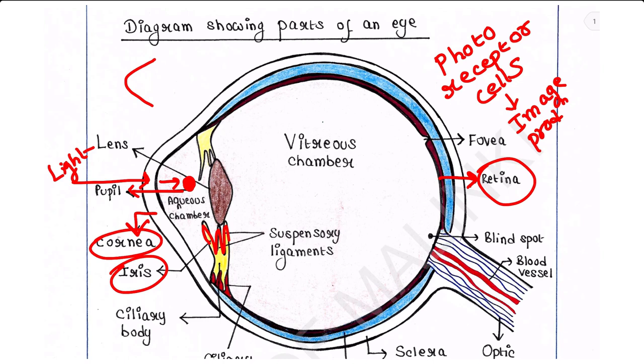Next, light passes through the lens. So first light hits the cornea, it enters the eye, then it crosses the pupil, and then it crosses the lens. The lens focuses light on the retina, and this light hits the photoreceptors in the retina.